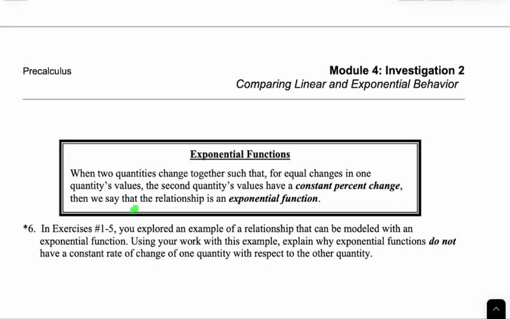So just let's talk about this a little bit. So if you want to highlight some stuff. Exponential functions have a constant percent change, okay? That might be a growth, so it might be a number more than 1. It might be a decay, or a decrease or a discount.